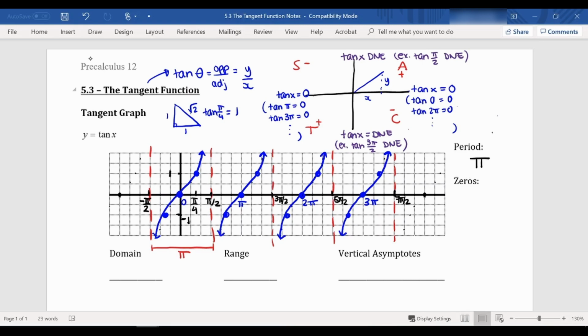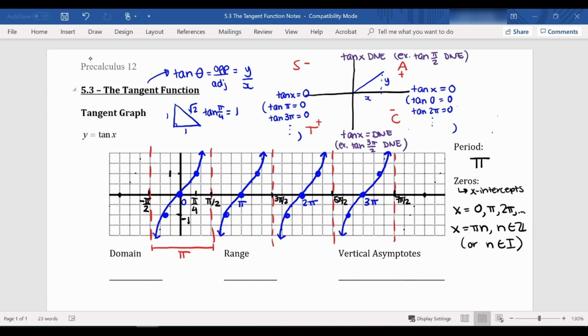Our zeros, or our x-intercepts, are at x equals 0, pi, 2 pi, etc., or x equals pi n, where n is an integer. So remember, that means that if n was negative 1, we would have a 0 at negative pi. And that just means we would have gone to the left of the x-axis.